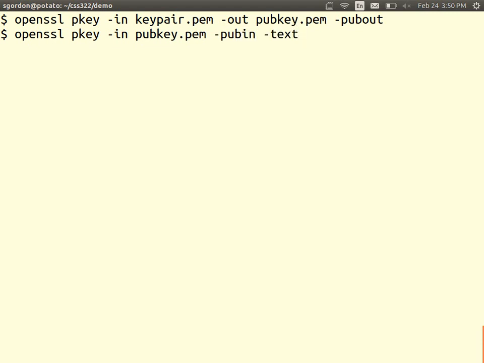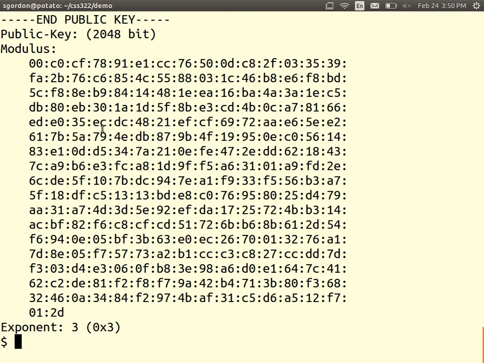And this just shows those public values. It shows that the 2 public values are the modulus n and the exponent e, which is 3. And this is the file which I can make available to others. So, of course, I keep my private key private, and the public key I can put in an email, put on a website, but use some mechanism to make available to others.